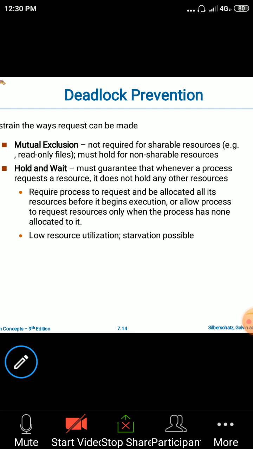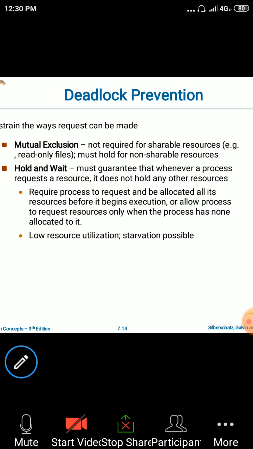Once the data is copied from the DVD drive to the disk file, both resources are released. So now the process doesn't have any resource, then once again it requests resources. What resources does it require? It requires the disk to get the file from the disk and to print.